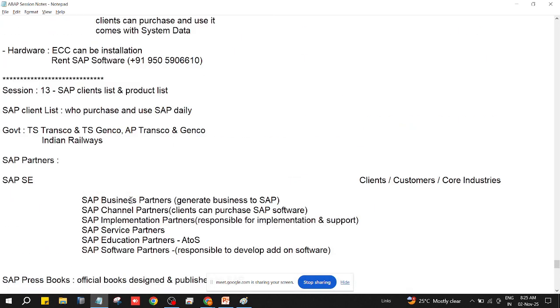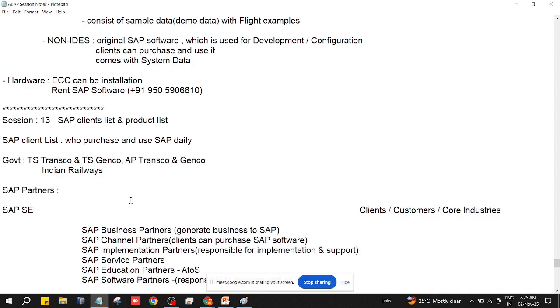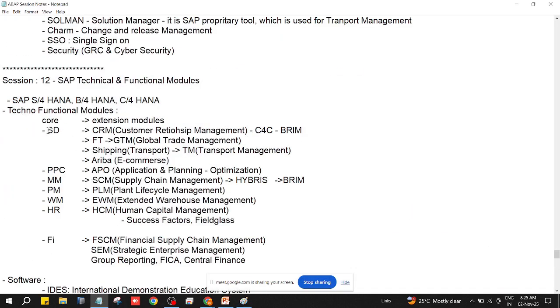Because see, I started my journey with SAP SD, you cannot keep quiet. We have to upgrade to multiple dimensions. I told you global trade services, GTS, global trade service.